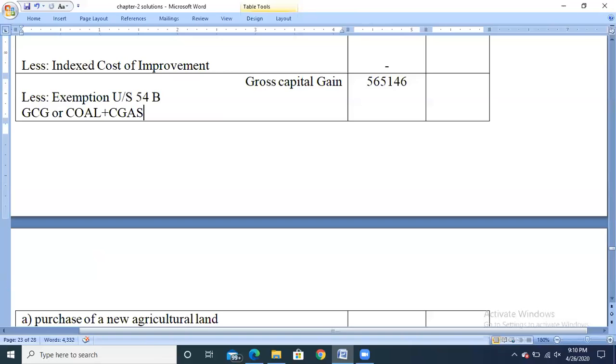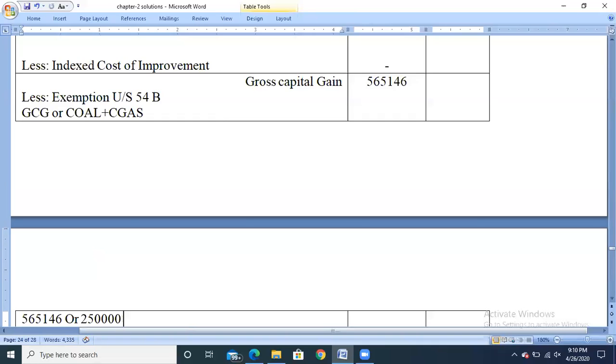So first take the value. Gross capital gain is 5,65,146, or cost of new agriculture land is rupees 2,50,000, and they have not given information about the capital gain account scheme. It will be taken as nil.